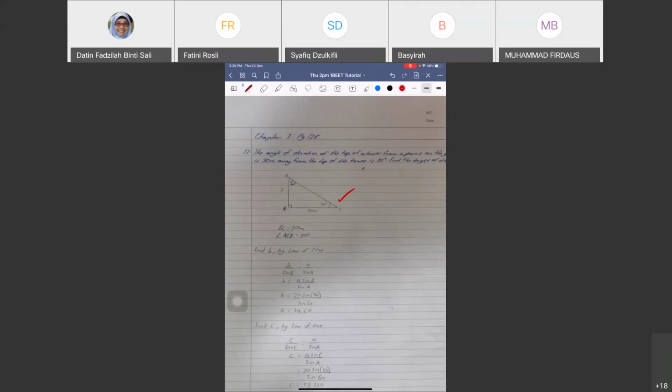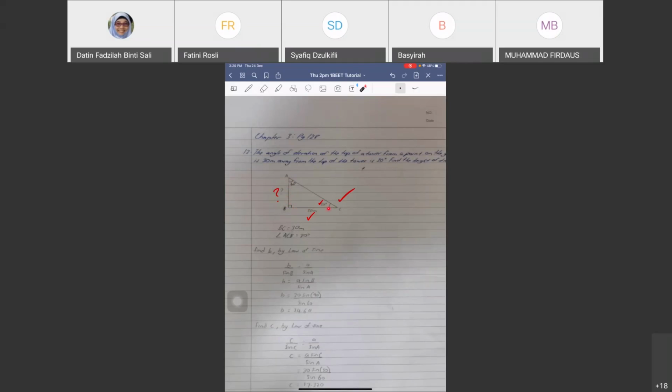To find this length, you can just use simple trigonometric ratios, where you have your tangent, isn't it? This is the opposite, which is what you want to find.